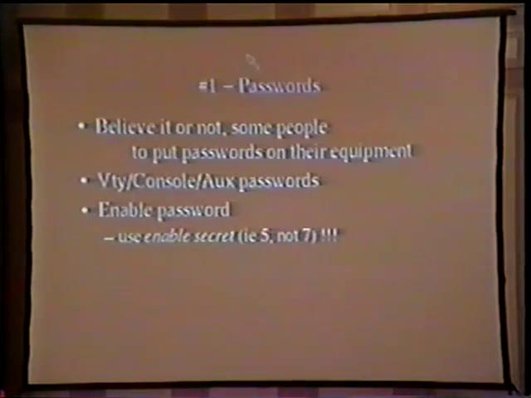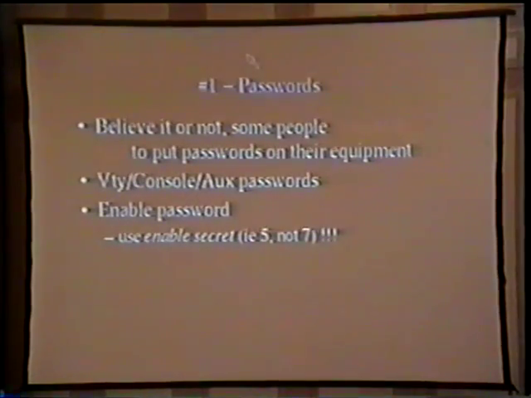So number 1 would be passwords. It may seem below you, but you'd be surprised the number of people that need to be told to put passwords on their switches and routers. This includes the VTYs, the console port, the aux port. You've got to put a password on all of these. You can't just rely on putting one password and hoping that covers it.